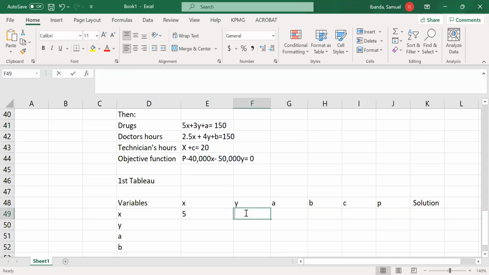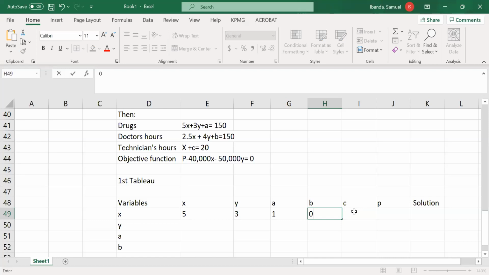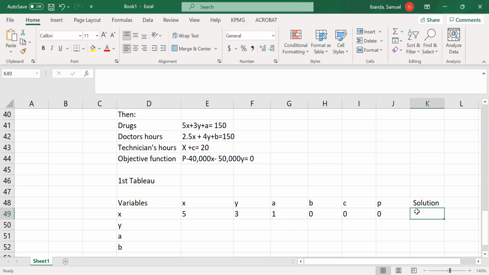Here we have 3. Here we have 1. This is 0. This is also 0. We also don't have anything of P. So then this gets you to 150. That is how we have put that in there.